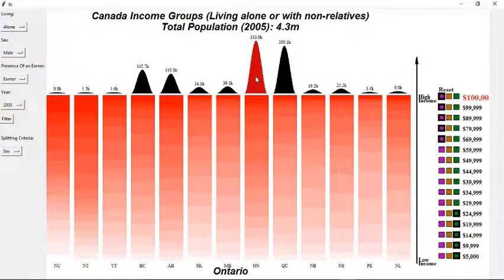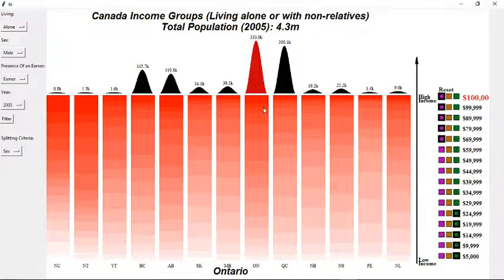And lastly, if you click one of these tiles, the height represents the relative population within that particular income group within that province. So you can prioritize your search. For example, these are not properly representative of Canada because not many people live here, but these groups are really important.